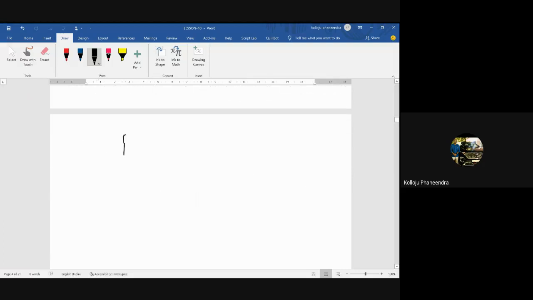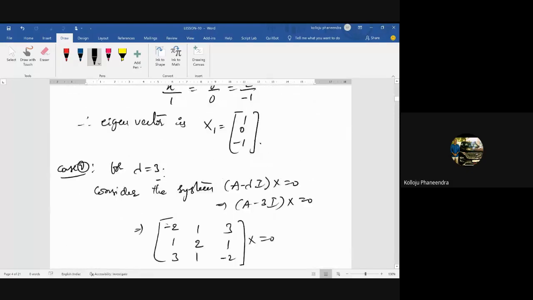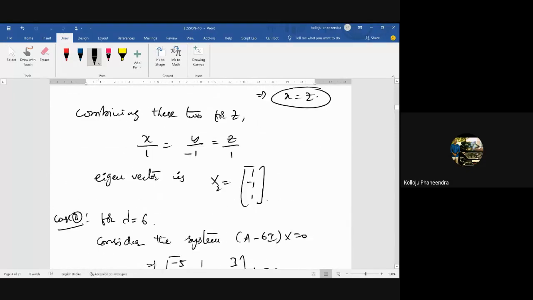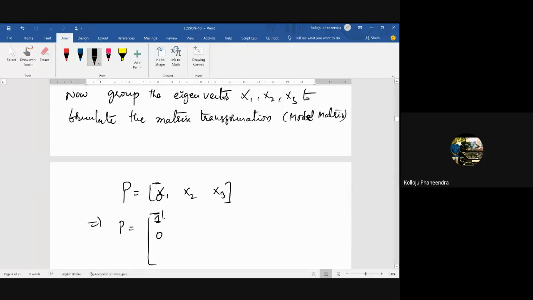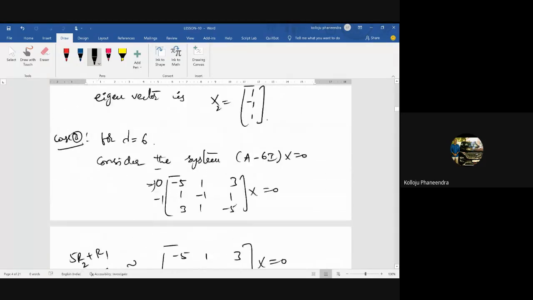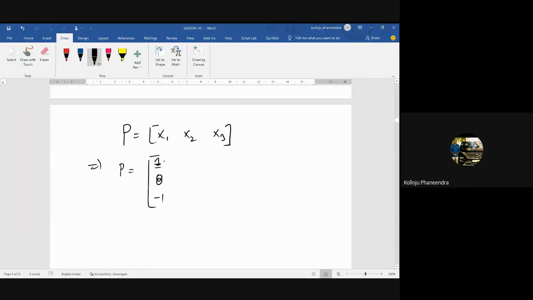That is P. P stands for x1, x2, x3, right? This implies, what is the matrix P? What is the first eigenvector? 1, 0, minus 1. And the second eigenvector is 1, minus 1, 1.